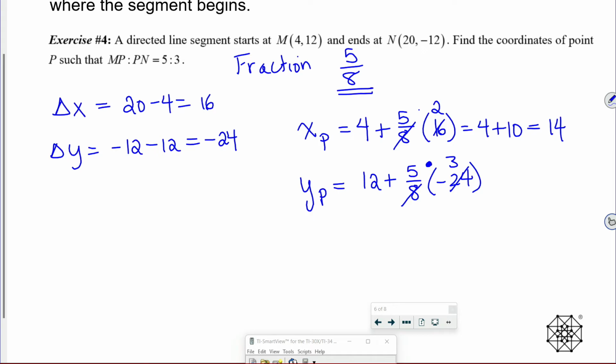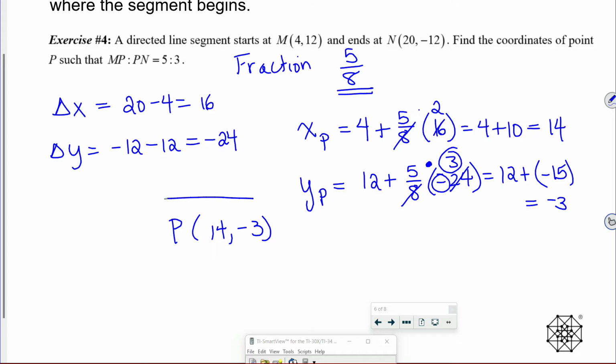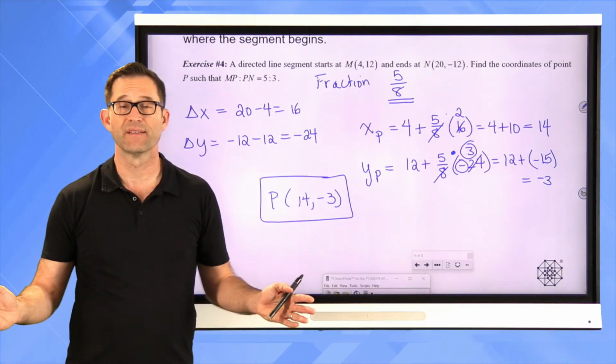Okay, I can't lose that negative that's attached to the 3. So I'll get 12 plus -15, and that'll be -3. So P is at the coordinates (14, -3). That's it. That's the whole deal.